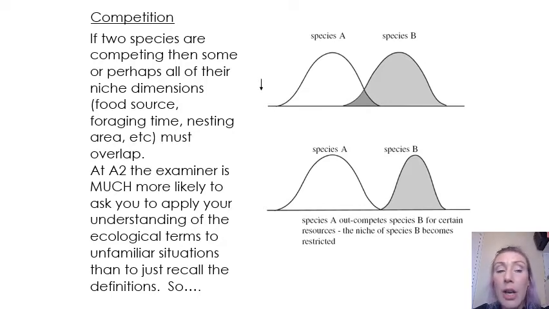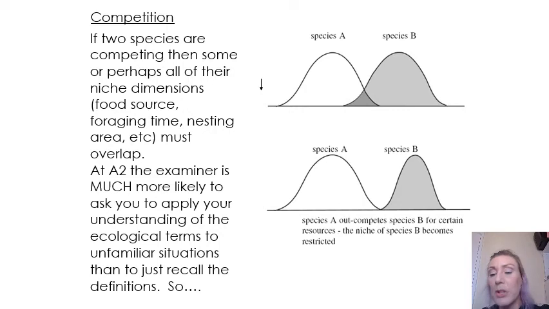Okay, so if there is an interaction between two species and they're competing for the same resource because there is some overlap between some element of their niche, then you will see that that niche trims for one organism as the other outcompetes it.